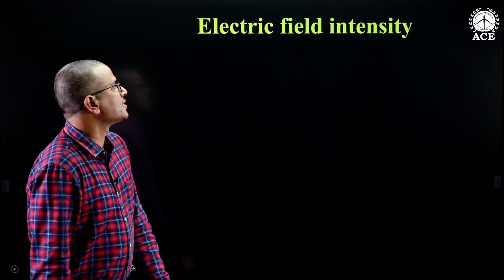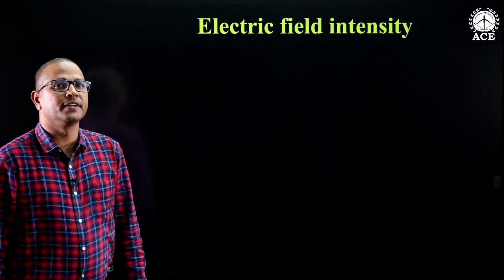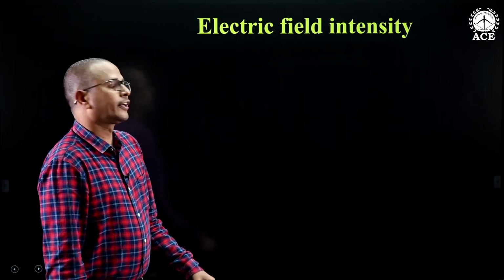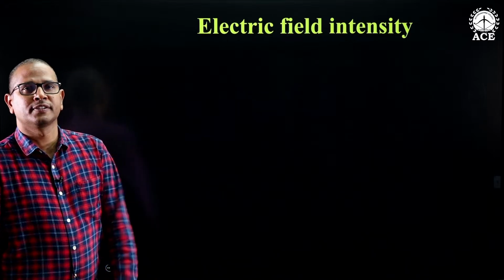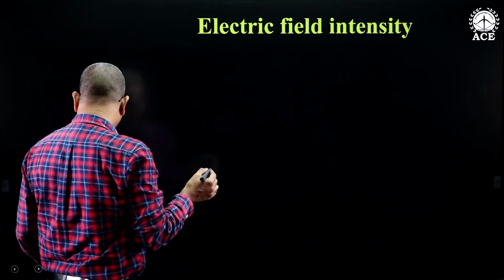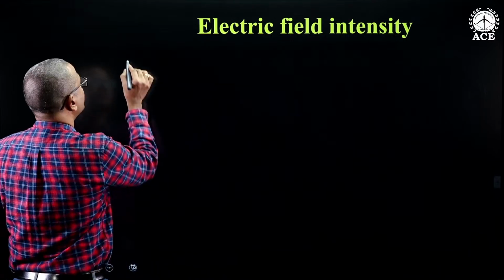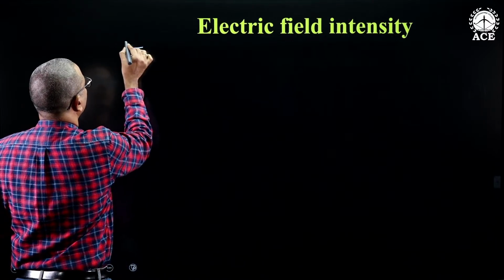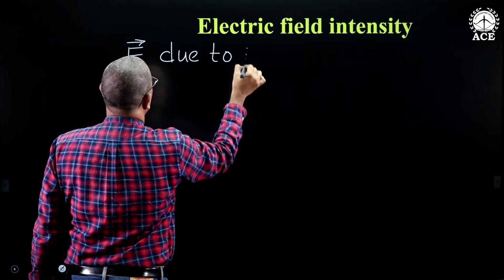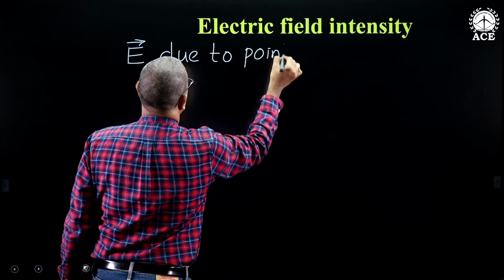Electric field intensity. Basically, electric field intensity is measured with respect to Coulomb's force equation. Vector force per unit charge is electric field intensity. I'm just writing the electric field intensity due to a point charge.